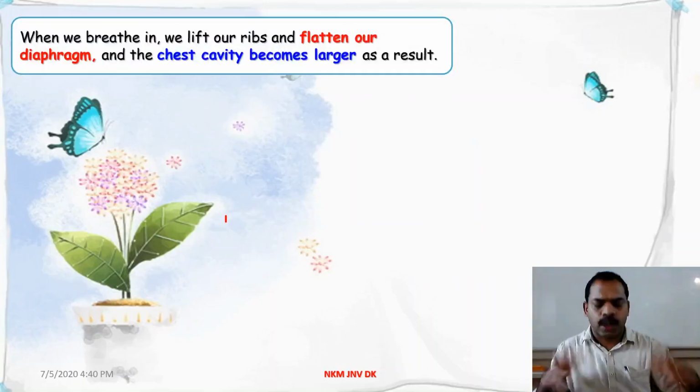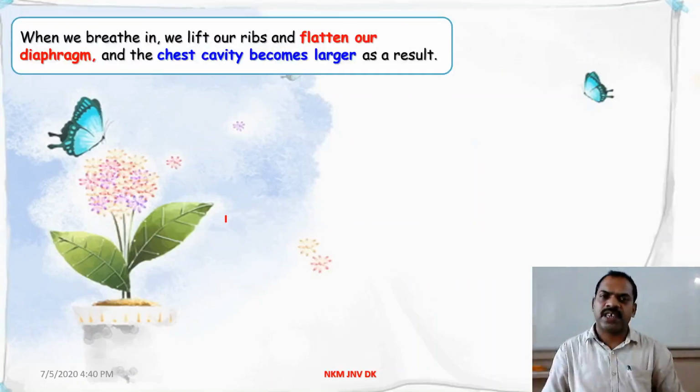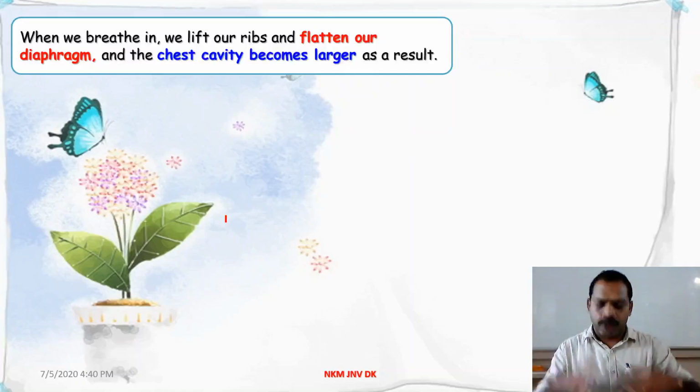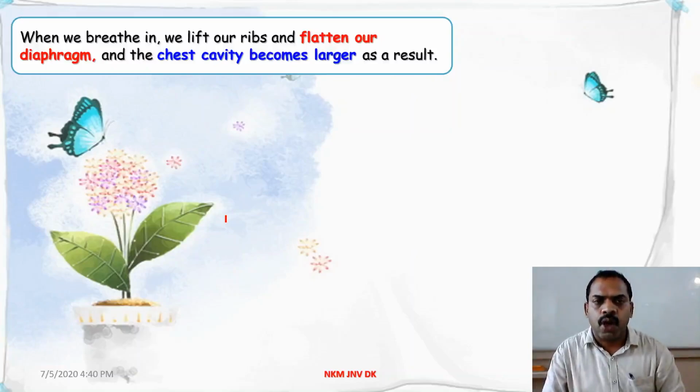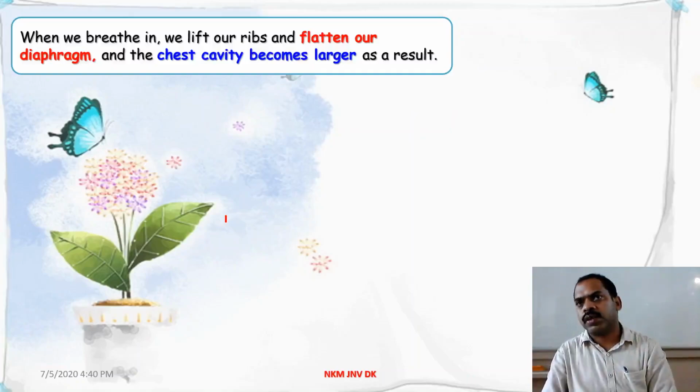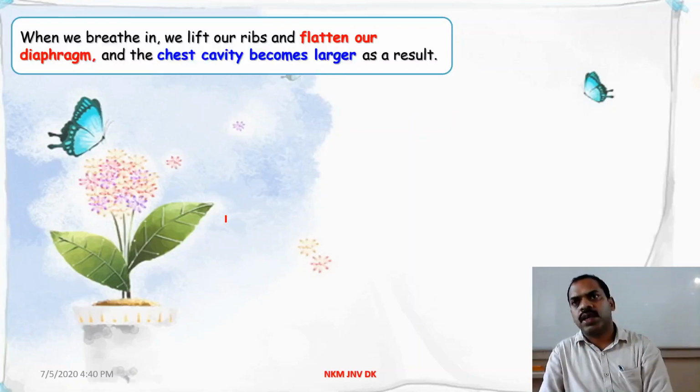Now this is about how the air gets inside and goes inside the lungs, and the structure of lungs. Then we come to the next area, that is the mechanism of breathing. How do we take the air in and out? Is it done as a voluntary activity, wishfully?